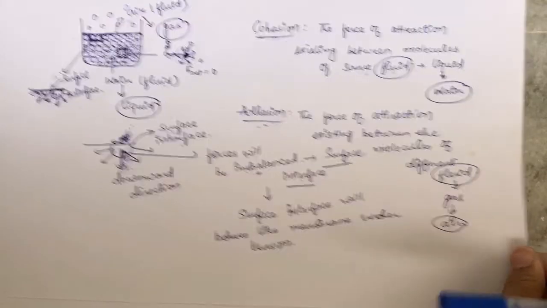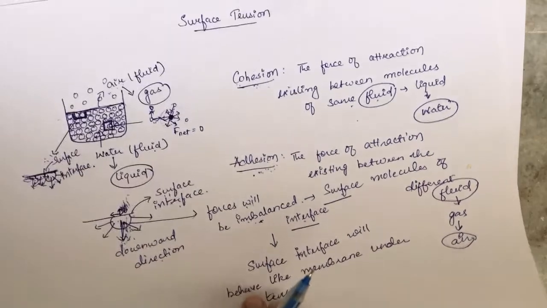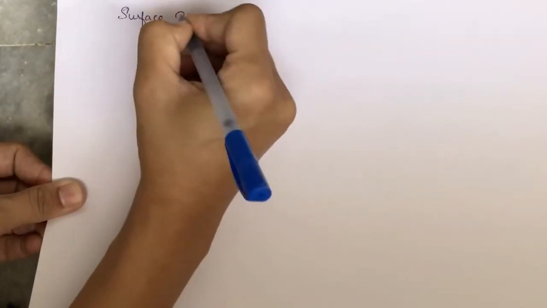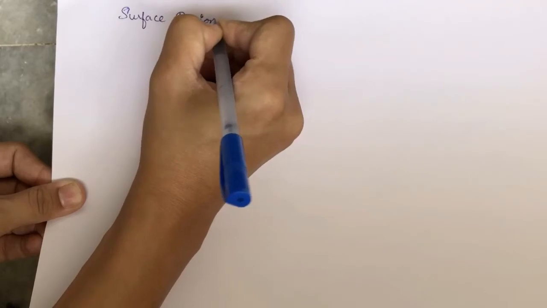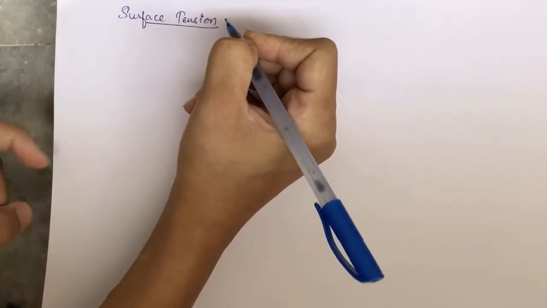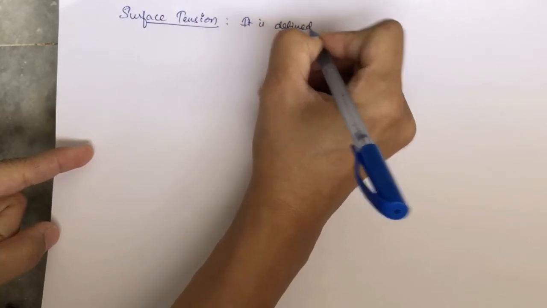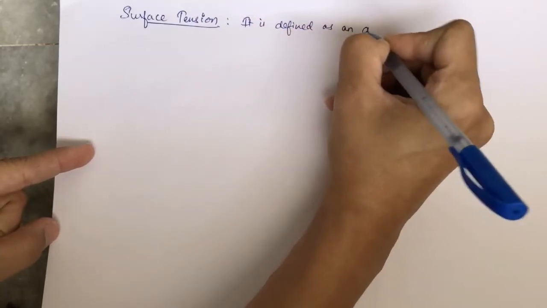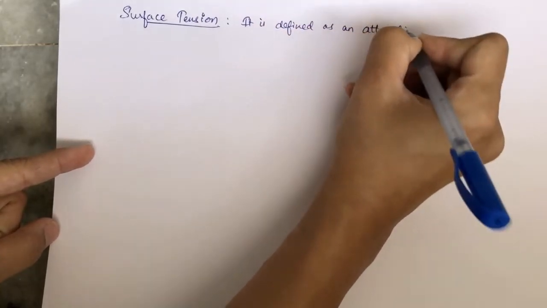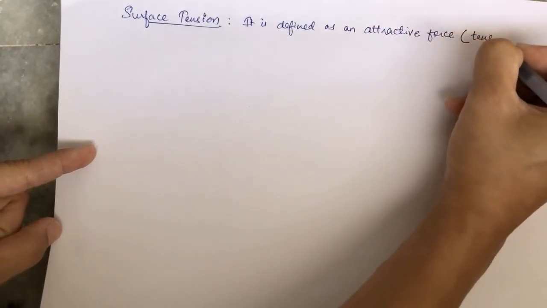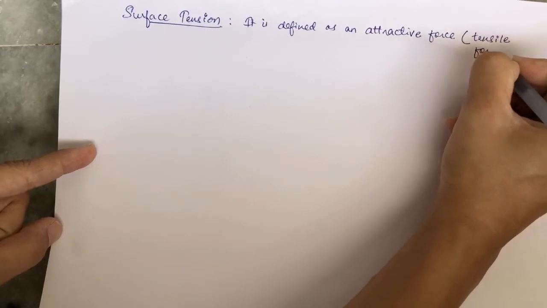So now we will write the definition of surface tension. How can we define surface tension? It is defined as an attractive force, and this attractive force is nothing but which force? Tensile force.